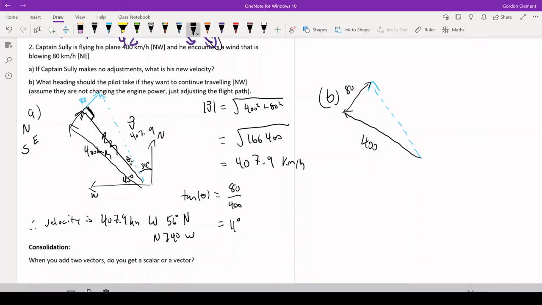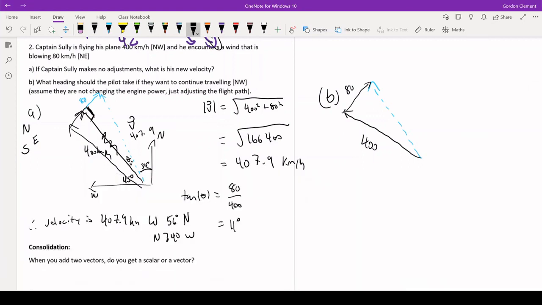And in this picture, even though I've drawn it terribly, I believe this is now the 90, because this is supposed to be northwest, and this is supposed to be northeast. So if I drop my compass in there, that would be 45, and that would be 45. So the 90 is now on that side of the triangle. So that's our velocity vector over there.